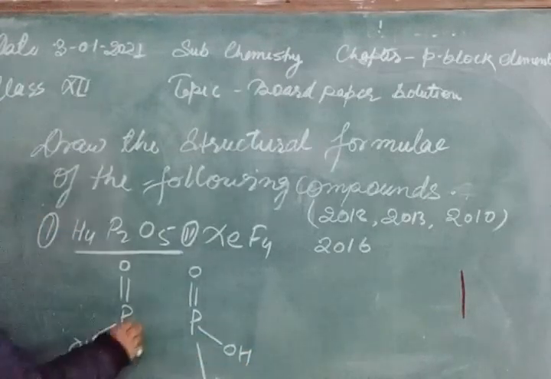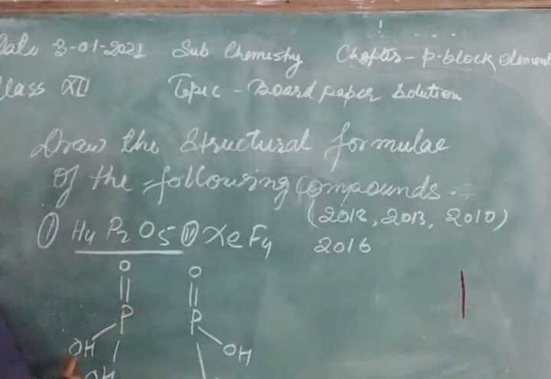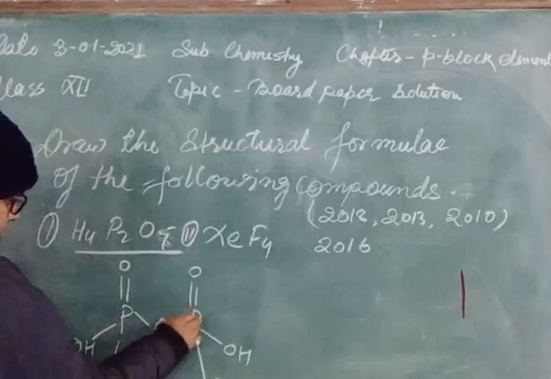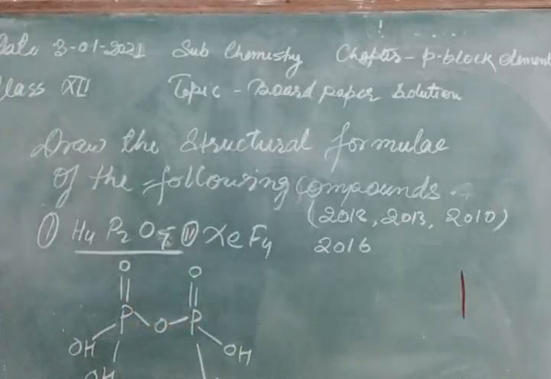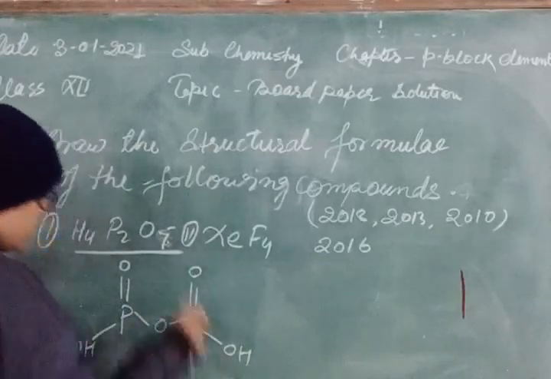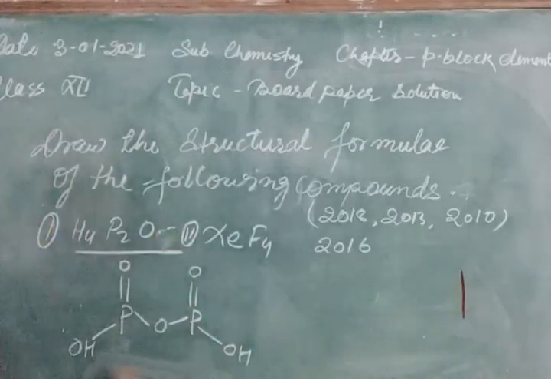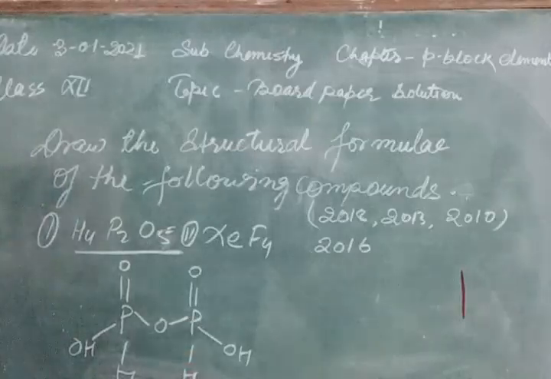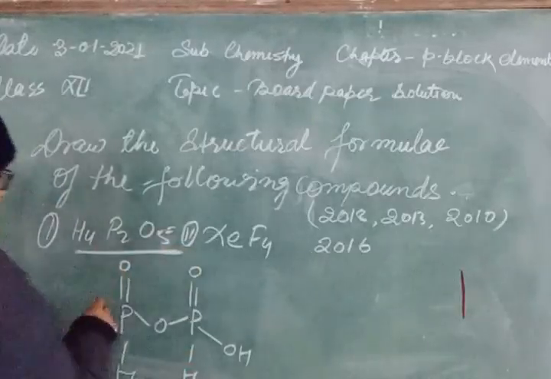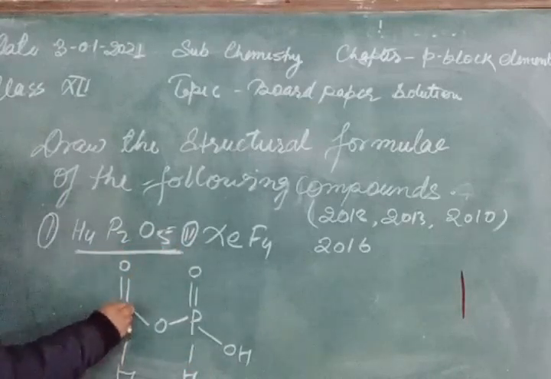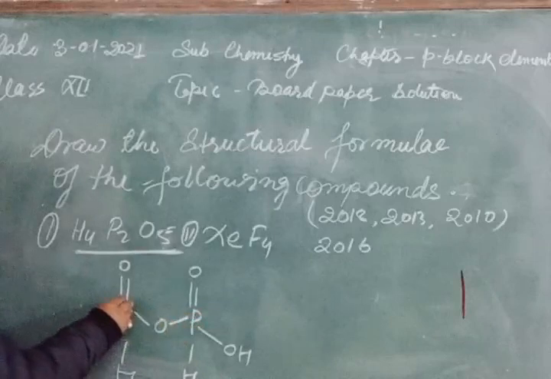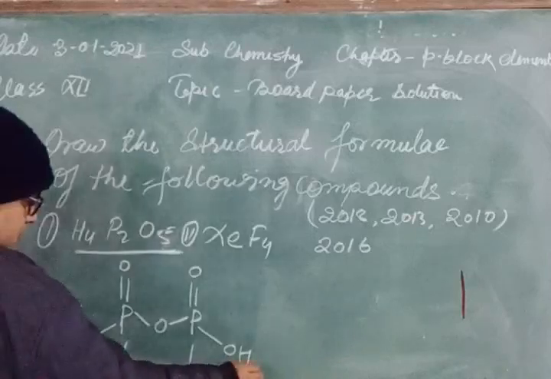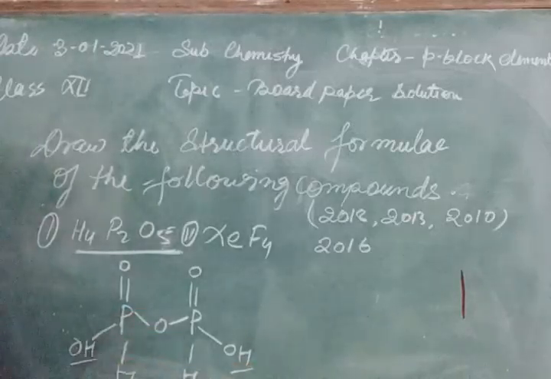This is the structure of H4P2O5. Here is H, here is H. Here is P. The trick is that you have to make a double bond with one oxygen and at least one OH with each phosphorus, then the remaining will be distributed equally.